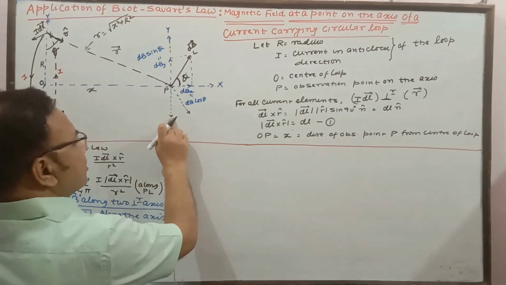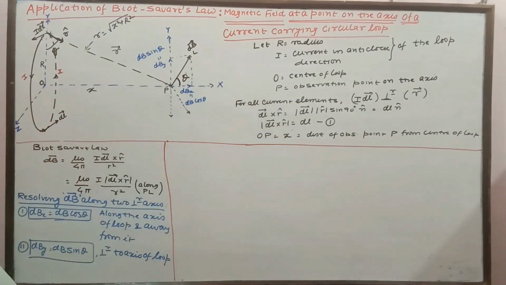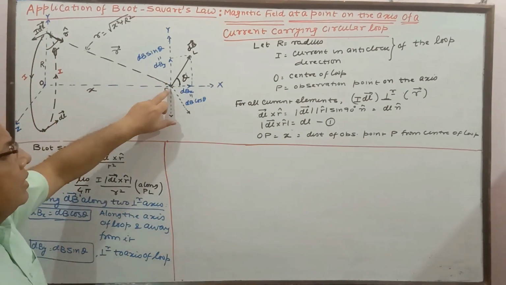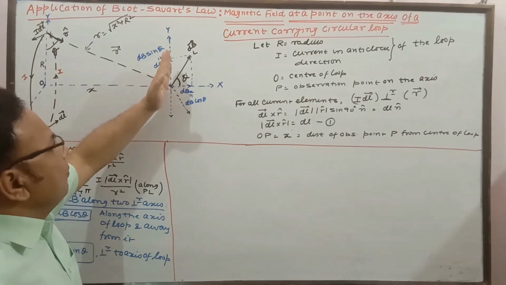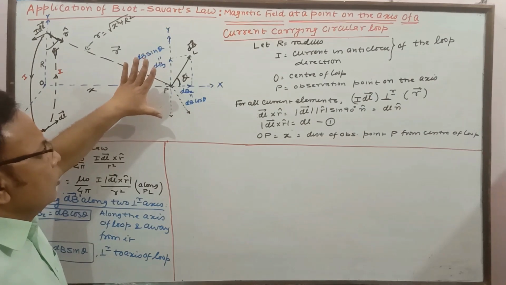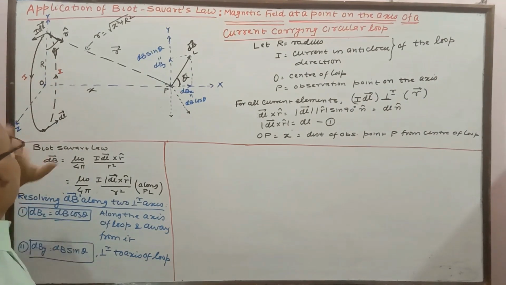But its dbx, that is along this, and this one's dbx is in the same direction, so they will be added up. So for any two diametrically opposite current elements, their x components will be added up and y components, being oppositely directed but equal in magnitude, are cancelled out.